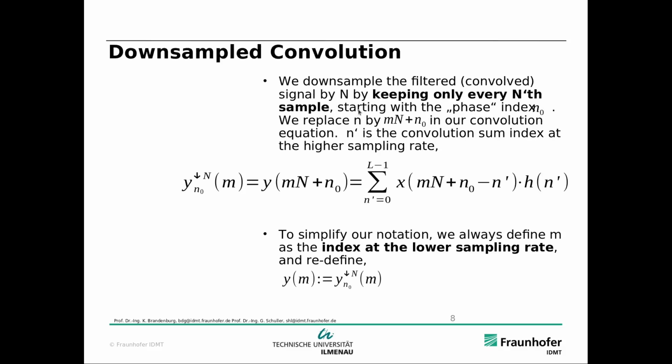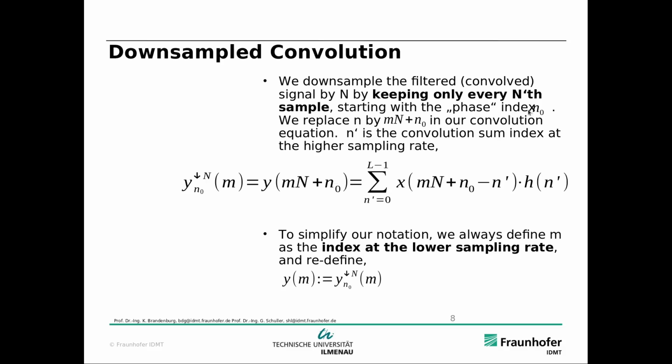Yeah, but now we also have the downsampling after the convolution, and mathematically that's quite straightforward. Instead of computing every result of the convolution, we only compute the convolution for the downsampled values, the values which we keep, which is lowercase m times uppercase N plus some phase index n naught, right?